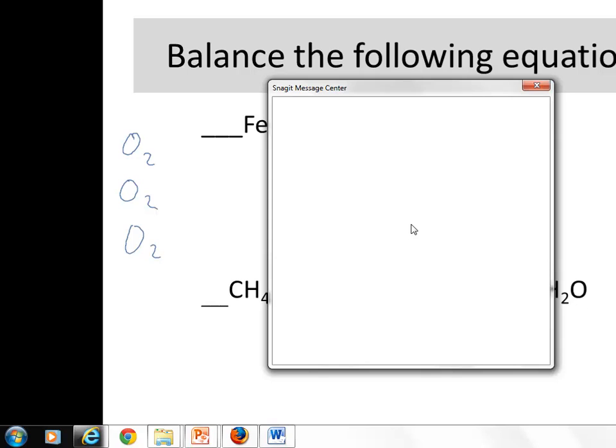So my balanced equation is going to be... no, they always have to be equal. So overall, my balanced equation is going to be how many Fe's? 4 Fe plus how many O2s? I have 6 O's.